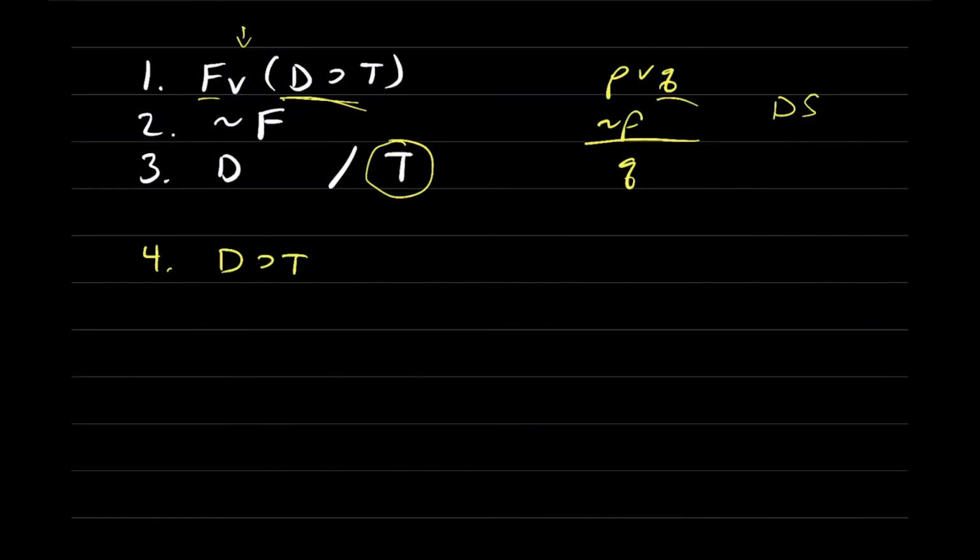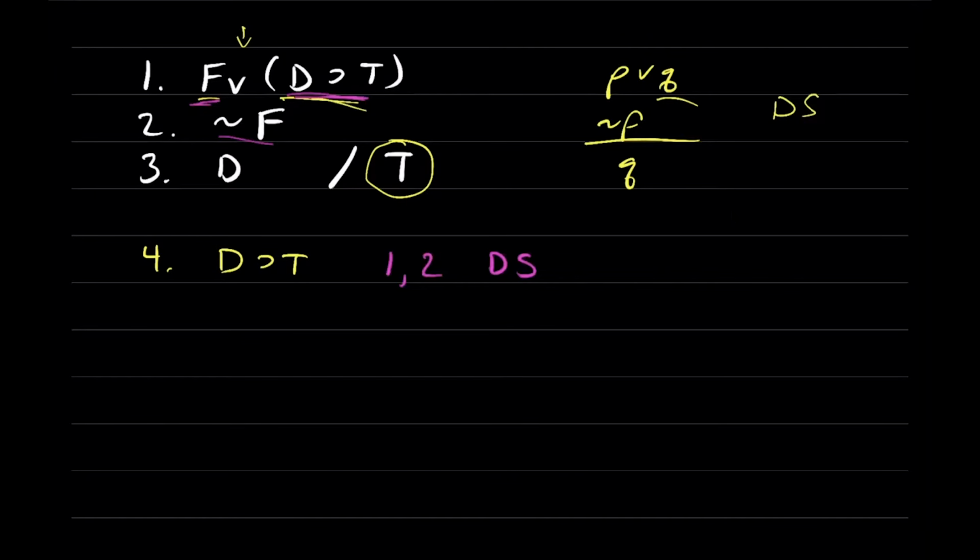So in this case, this new statement, D implies T, came from line 1 and line 2 using the rule disjunctive syllogism, DS. And again, just to make it really clear, premise number 1 tells us either F is the case or D implies T. Line number 2 tells us F is false, so we know that D implies T has to be true. That's what disjunctive syllogism does.